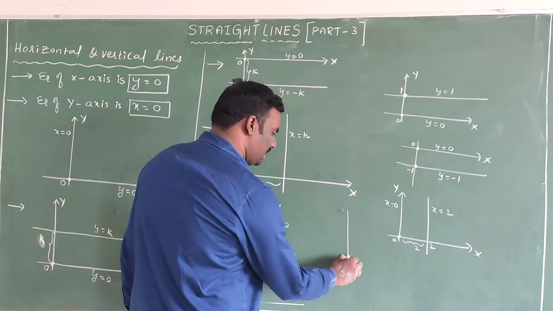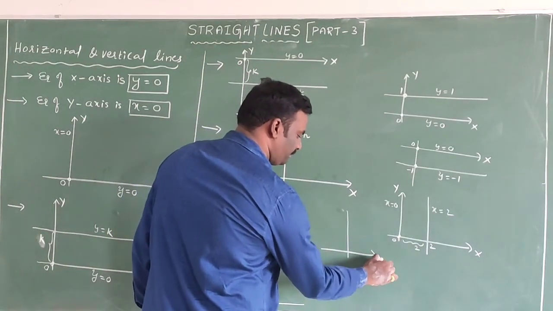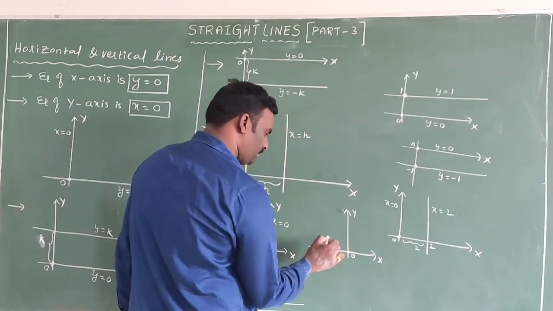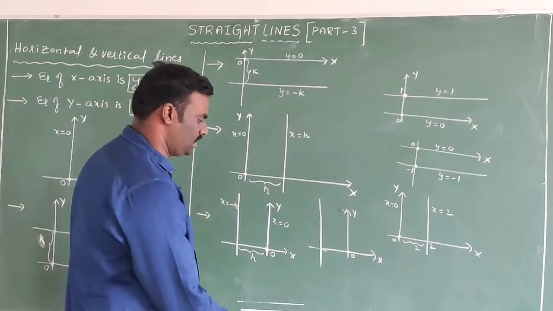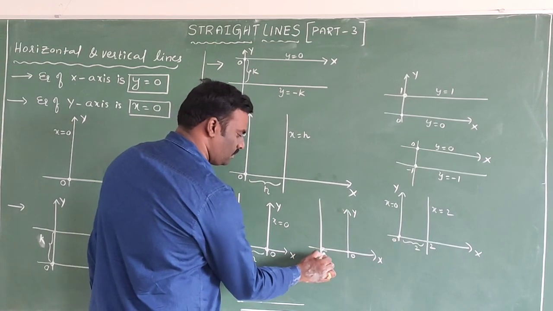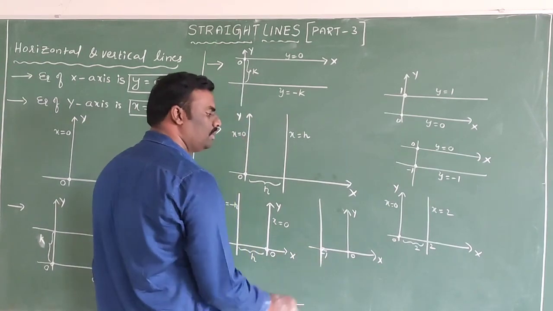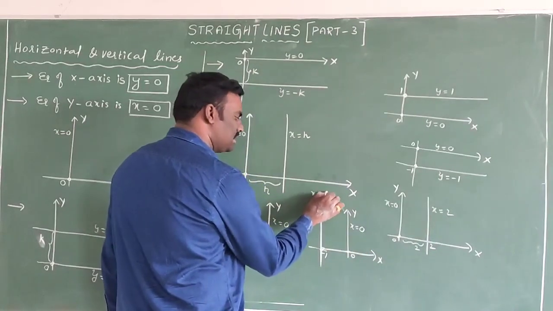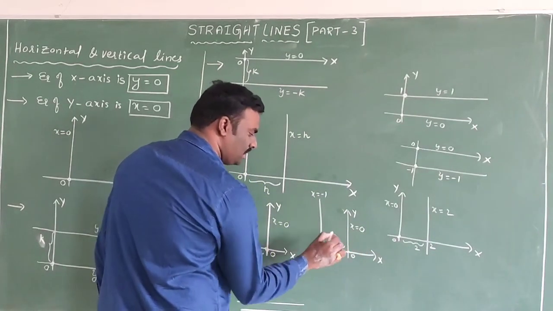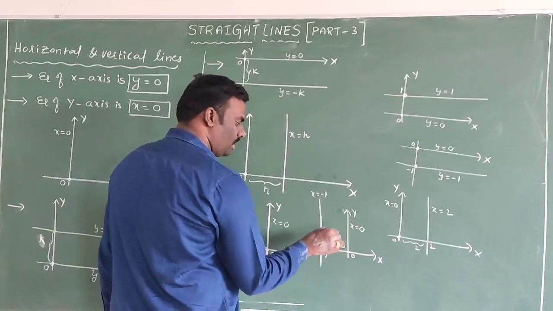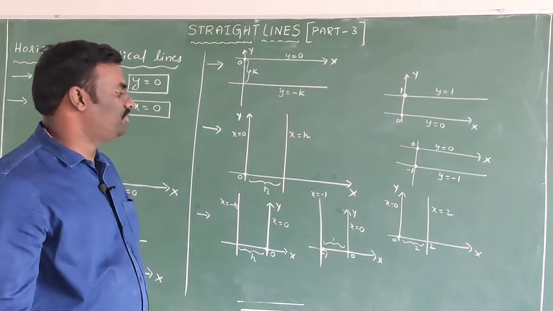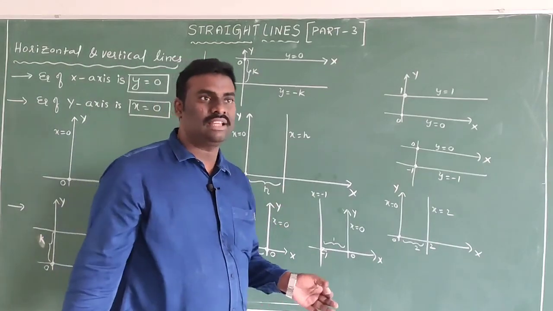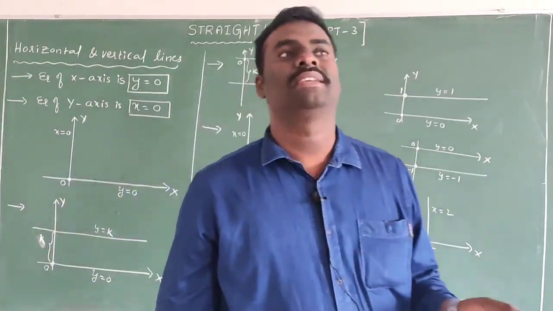Same question if you take like this, y axis and this is 0, it passes through minus 1. Y axis equation is x is equal to 0, this is x is equal to minus 1, because this is 1 unit left side of y axis. So this is horizontal lines and vertical lines concept.